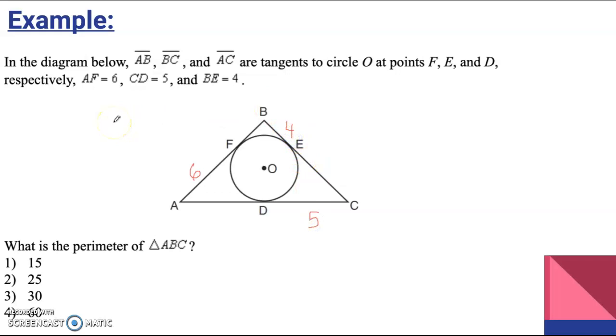Now, because they're tangents, something is equal to something. So FB and BE are a pair of tangents. CE and DC are a pair of tangents. Then AD and AF is another pair of tangents, right? Remember, I'm looking at the circle, and these are my tangent pairs.